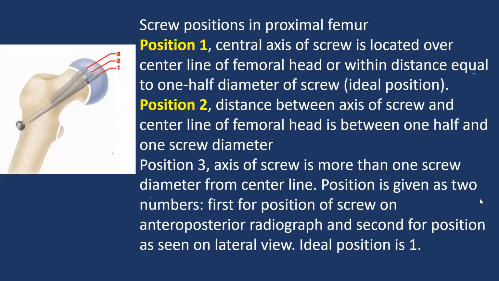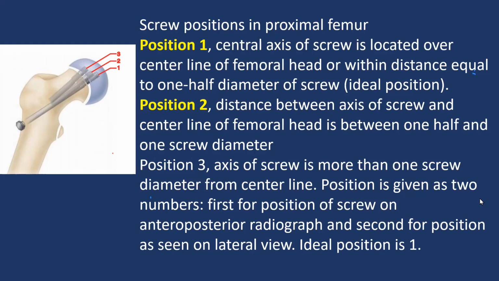These are areas which I would like to stress. When you go in with your screw, you have to make sure that the length of the threaded portion fills the epiphyseal bone, not the physis. It should not cross the physis.